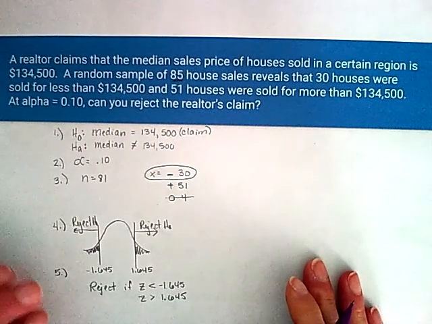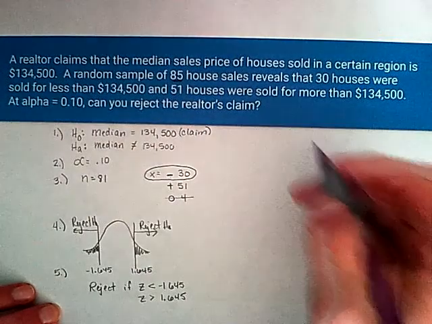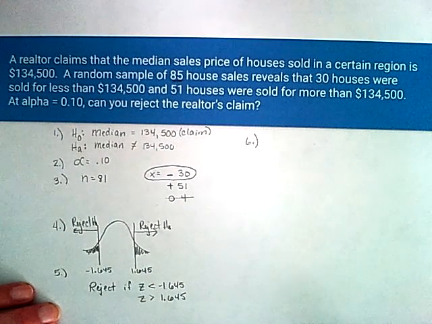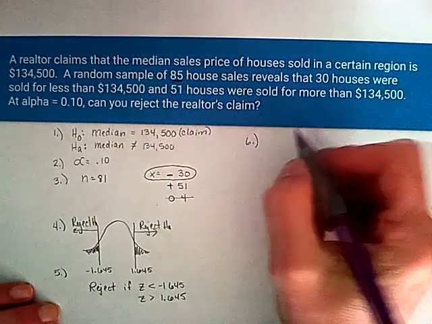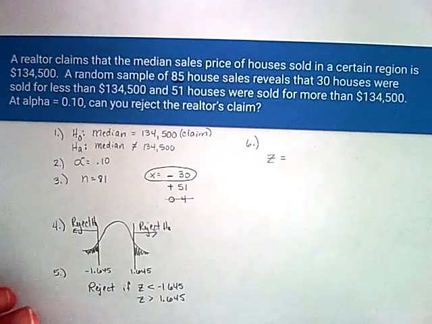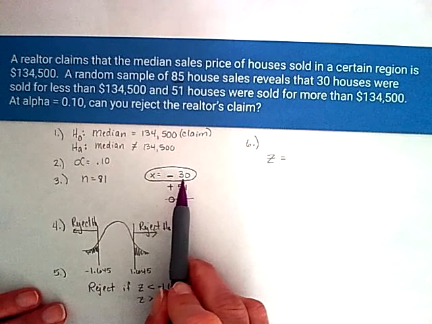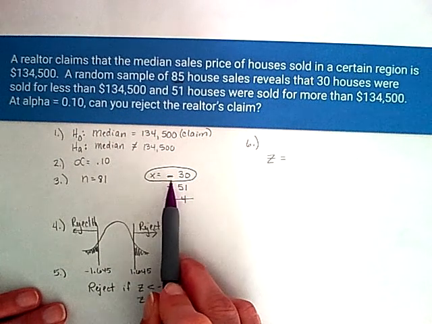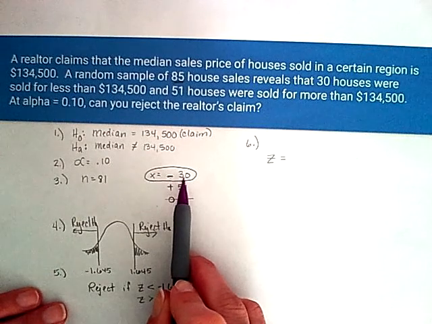Okay. So now we have to go and perform our test, or find our test statistic. So we're going to use that formula for our z-score. So our z is equal to x plus 0.5. We've already determined that our x is going to be the smaller of our signs. Since negative was the smaller, we're going to use that 30.